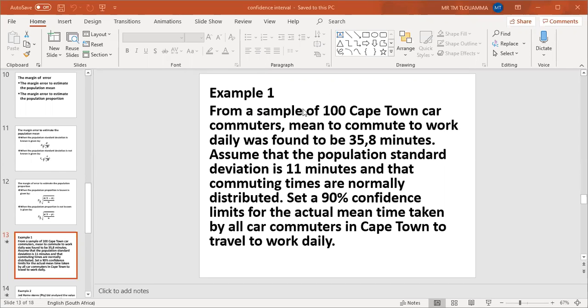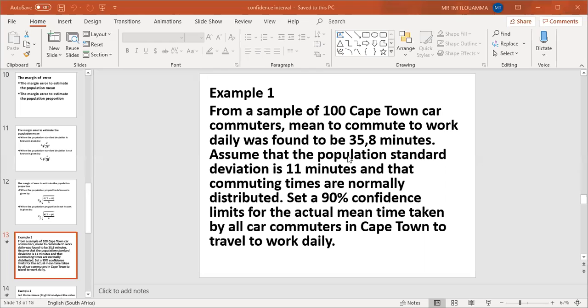From a sample of 100 Cape Town car commuters, the mean commute to work daily was found to be 35.8 minutes. So they have also given us the mean, which is 35.8 minutes. They're saying to assume the population standard deviation, I repeat, the population standard deviation, not the sample standard deviation.